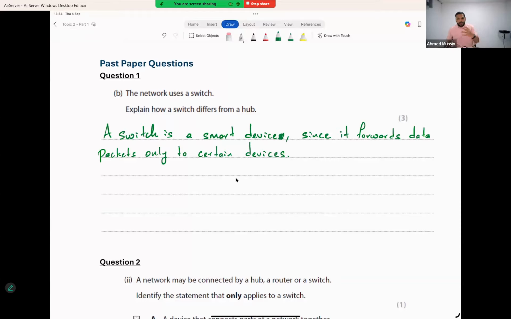It does this by reading the recipient's MAC address on every data packet.